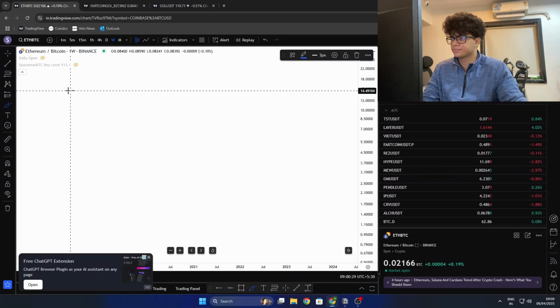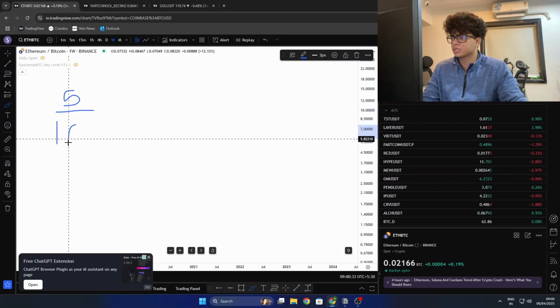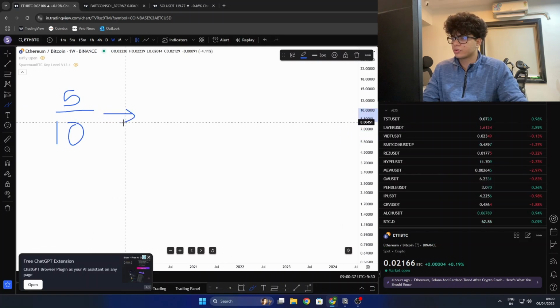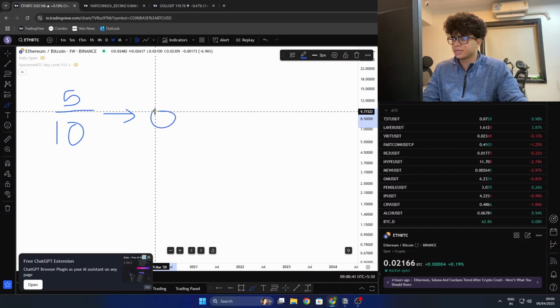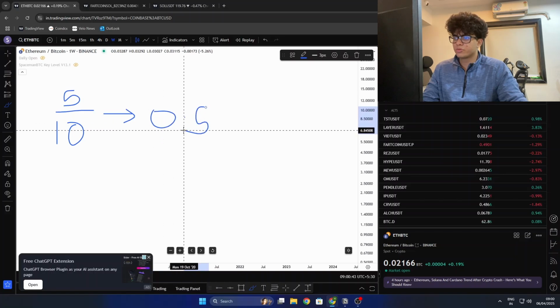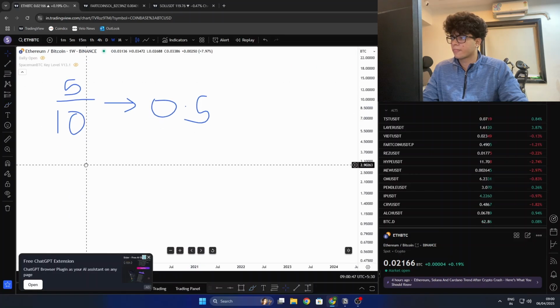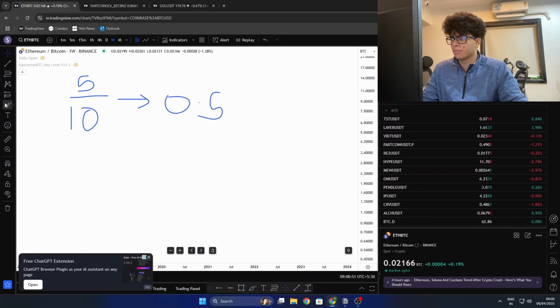So let's say Ethereum is worth 5 and Bitcoin is worth 10. Just imaginary numbers, right? So the value here is basically in numerical terms 0.5, right? So now what happens when the denominator goes up?